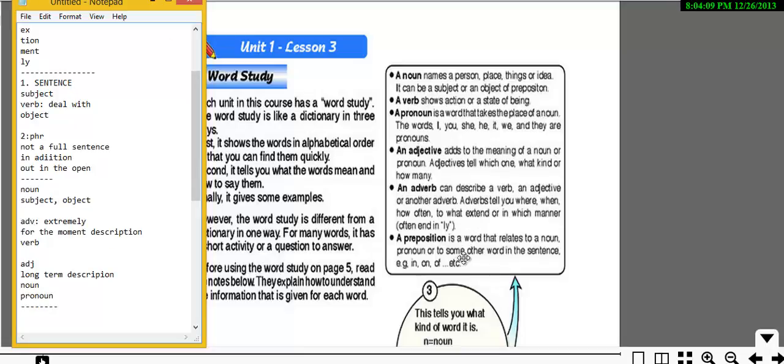A preposition is a word that relates to a noun or pronoun or some other word in a sentence, like in, on, of. Now, you might want to say, well, hey, wait a minute, is out in the open a preposition? No, actually, because it has more than one word, so it's a phrase, and I'm going to tell you later on about phrases.